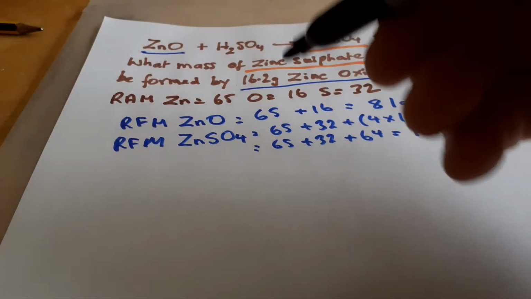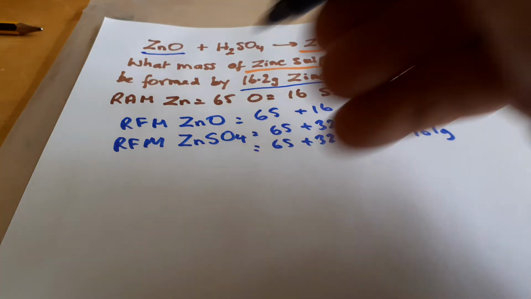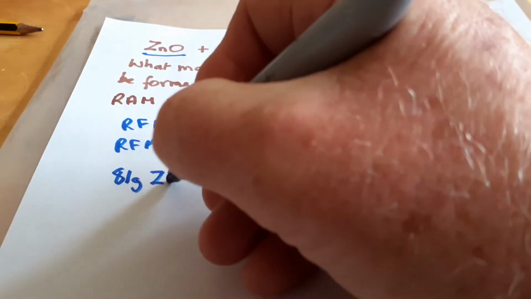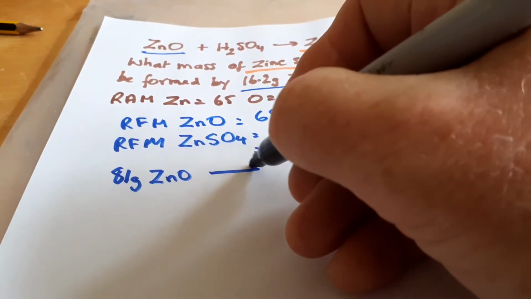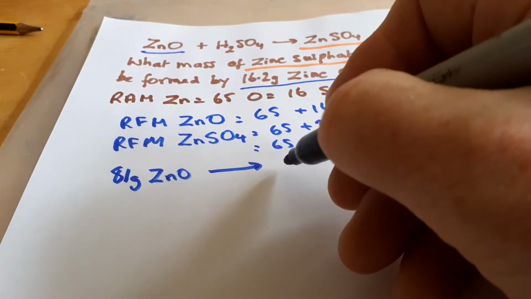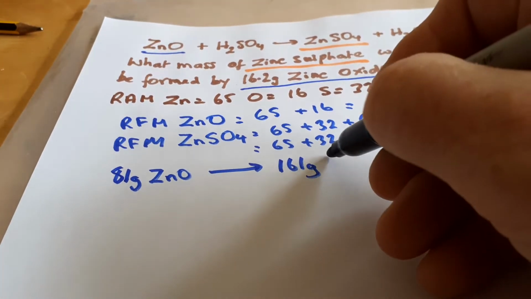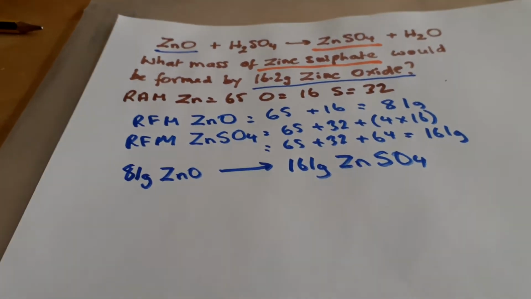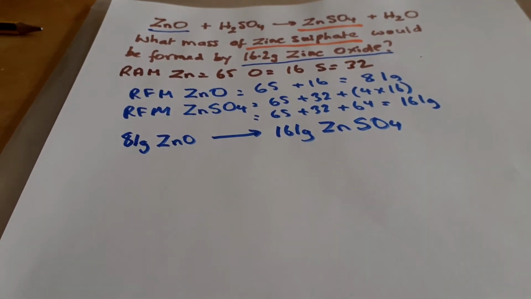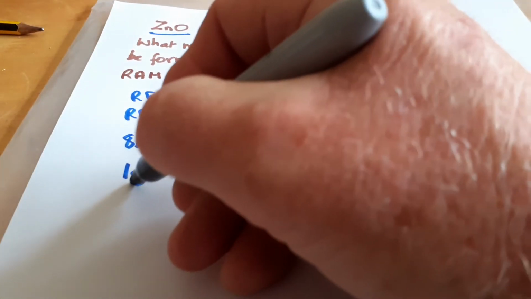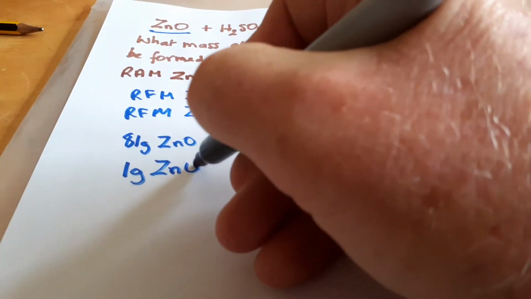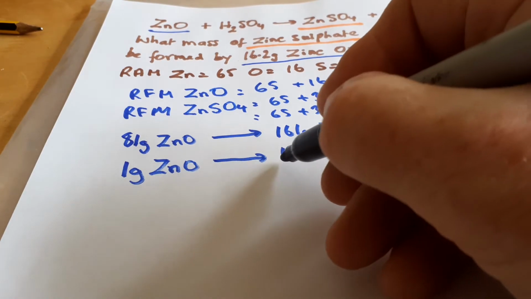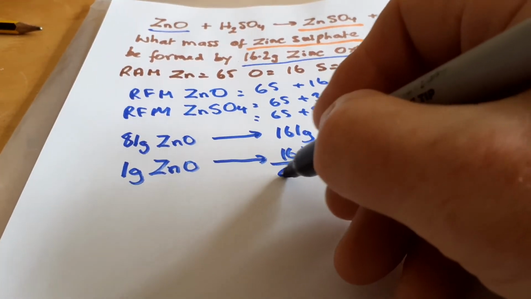So what that means is the relative formula mass, 81 grams of zinc oxide, will form 161 grams of zinc sulfate. So if we want to find out what 1 gram of zinc oxide will form, we divide that 161 grams by 81.